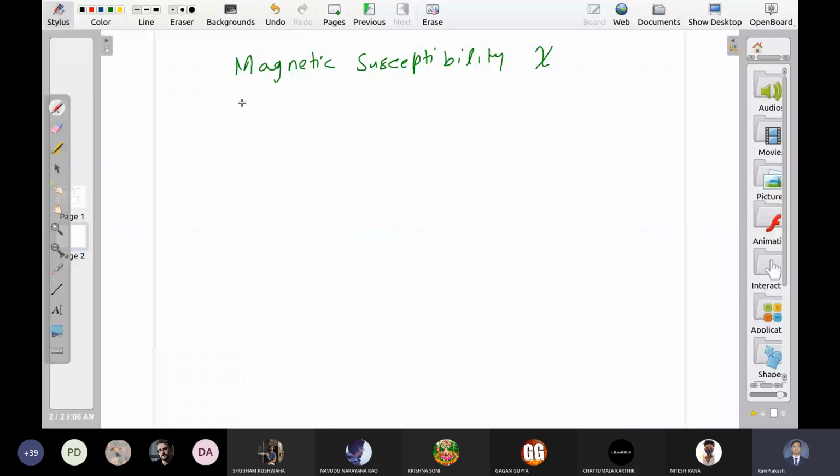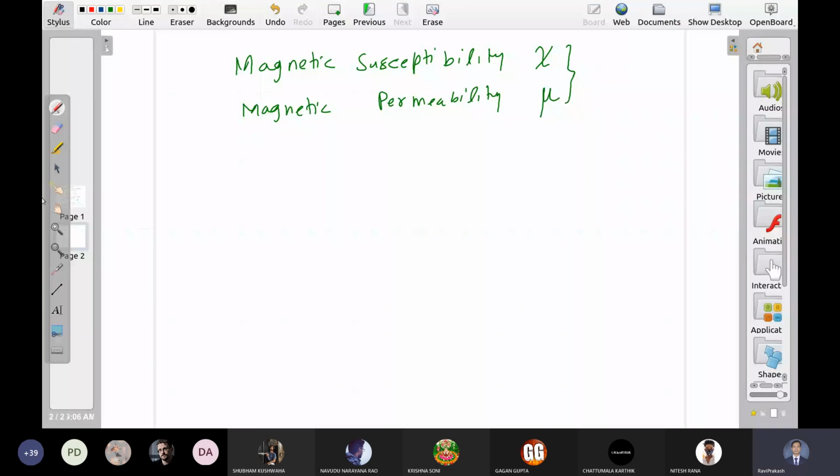We also define magnetic permeability, which is defined by the symbol mu. So we can characterize magnetic materials using these symbols.